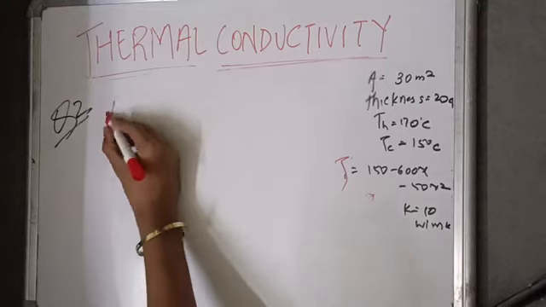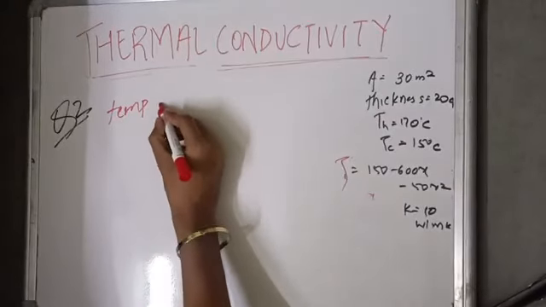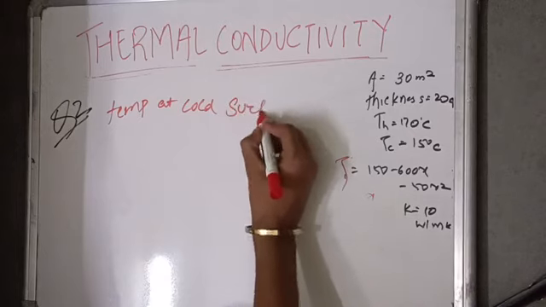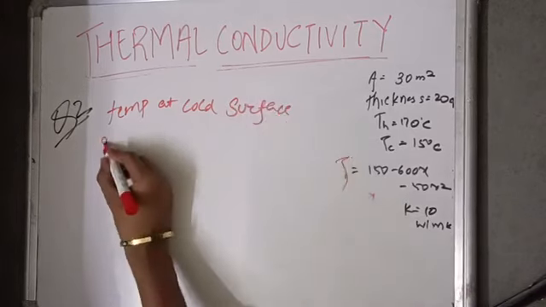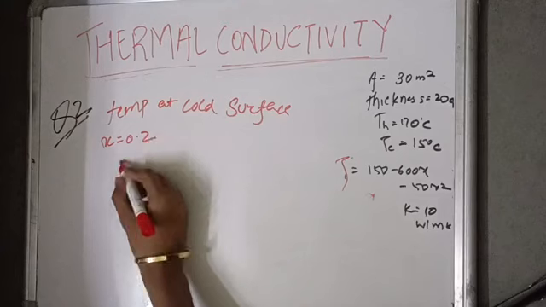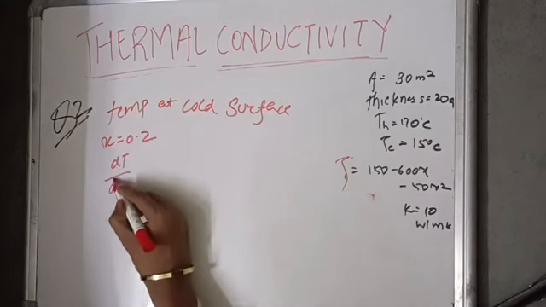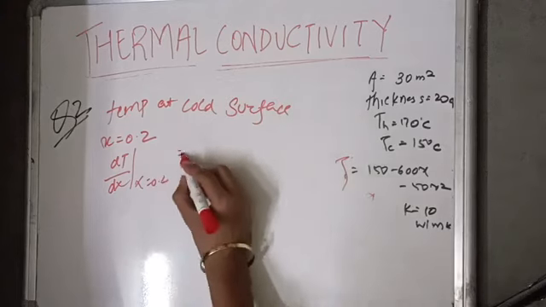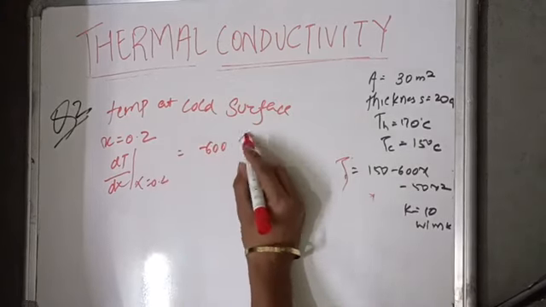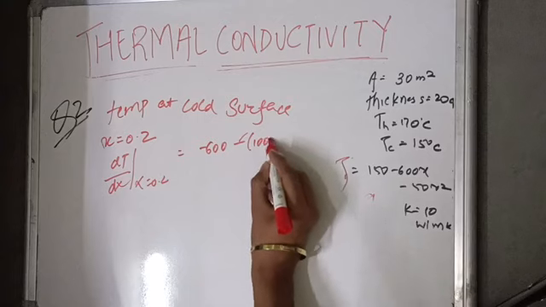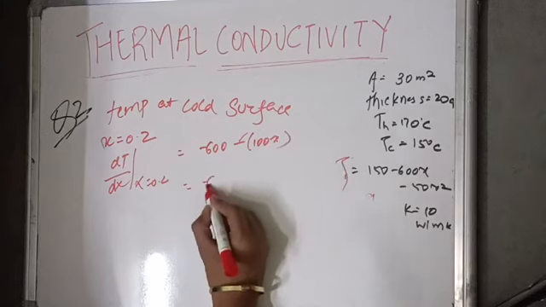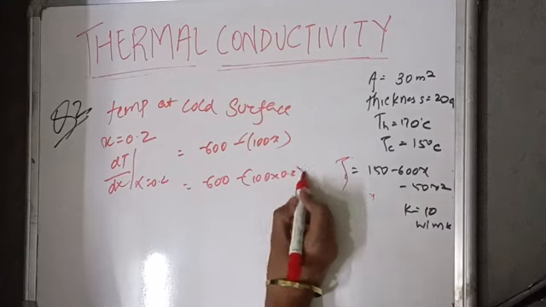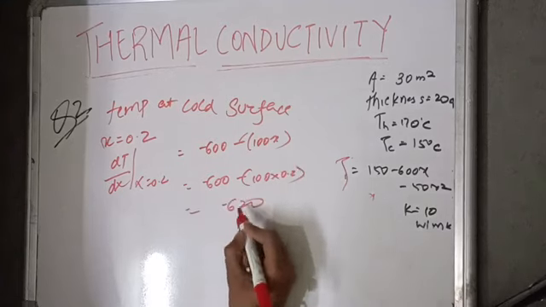Now we will find the values at the cold surface. That means x equals 0.2. dT by dx at 0.2, we will get minus 620.